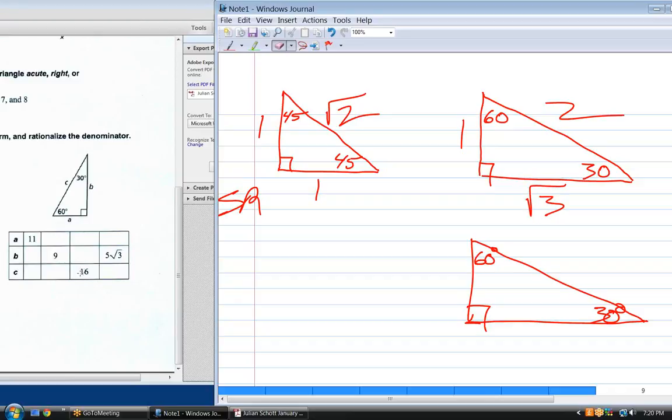Okay. Now in column 3, C, the hypotenuse is 16. It's pretty easy. What's this side? 8. And what's the bottom? 8 root 3. Okay, you got it now. Finally, the 4th column, B, which is the side opposite the 60-degree angle, is 5 root 3.